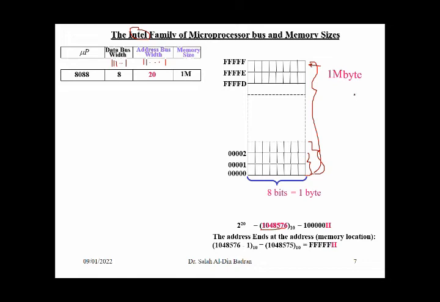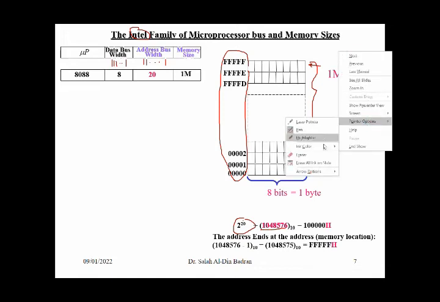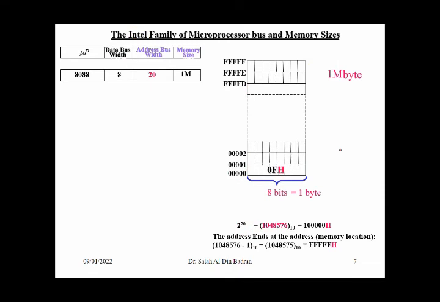This is why we say 1 megabyte, because all of this is 1 mega, which is 2 to the power 20. Byte is what's inside this address or these addresses. So, for example, we have here 0f.